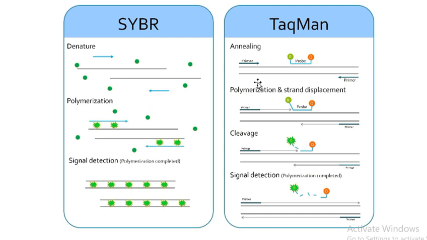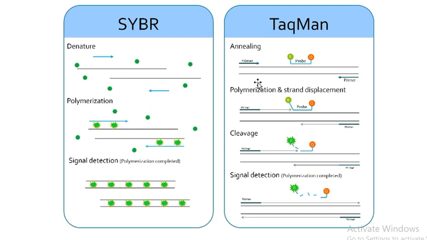When the fluorochrome is near the quencher, it does not allow the fluorochrome to fluoresce. The quencher's work is not allowing the fluorochrome to fluoresce. So once the extension starts, the fluorochrome will be detached, and it shows the fluorescence, and at that time we know that the PCR reaction has happened and it has been completed.